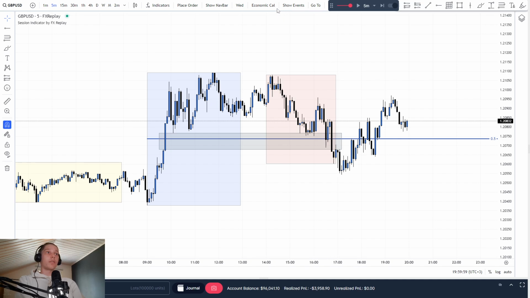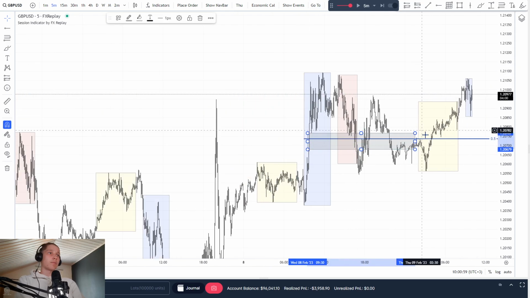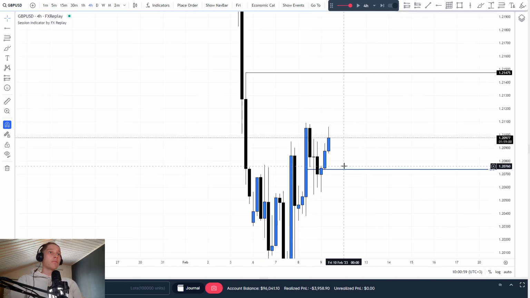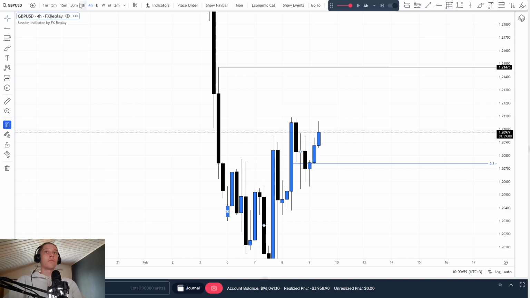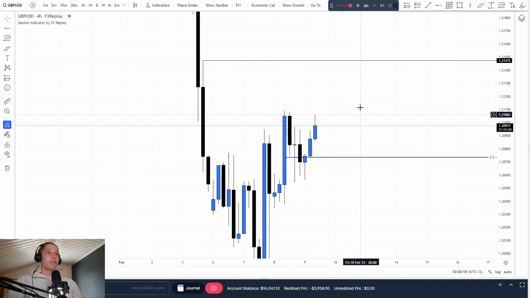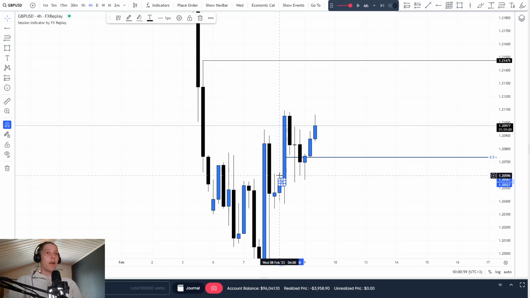Yeah, we end up moving higher from there, but that's kind of choppy structure anyway. Again, I tried to long too early, I believe. Look at that, that's a 4-hour area.